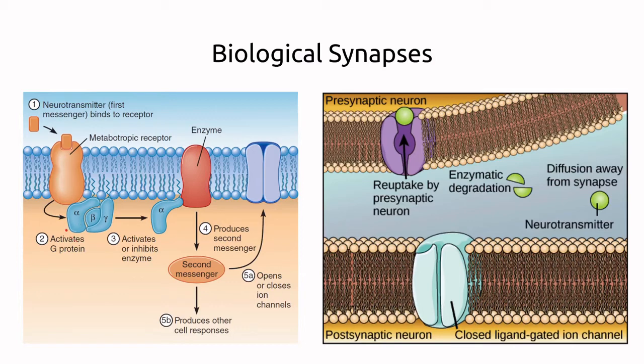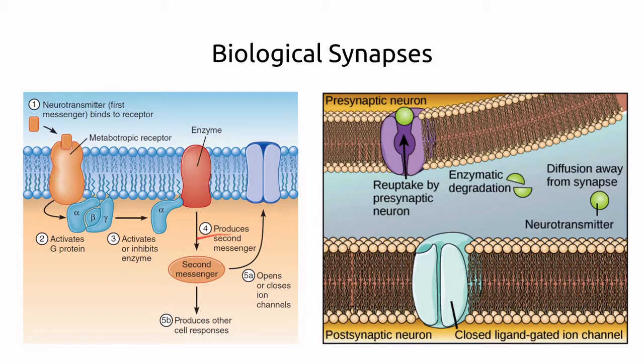These are also called second stage messengers. The first stage messenger is the neurotransmitter itself, so 1, 2. Then these G proteins affect the behavior of an enzyme in the cell, which releases another molecule that causes the ion channel to become open or closed.